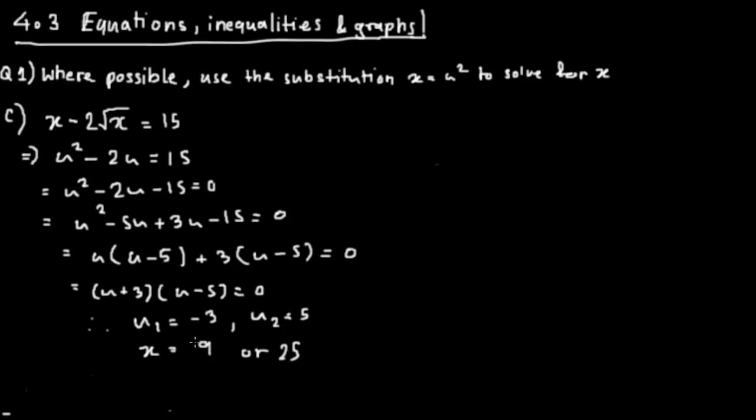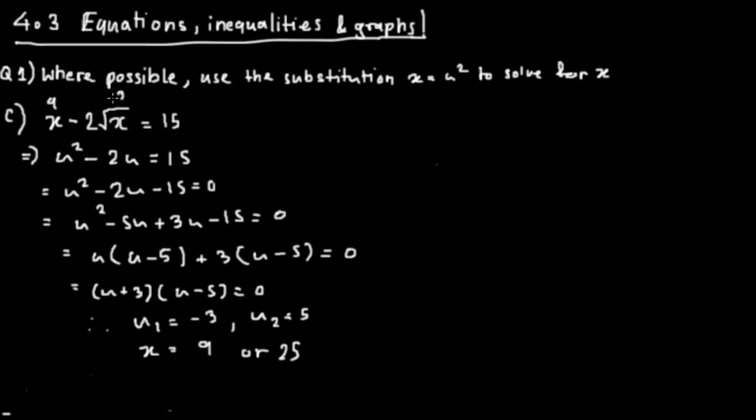So let's plug in 9 here. If you plug in 9, it's 9 minus 2 into square root of 9 equals 15. So this is going to be equal to 9, and square root of 9 is 3.